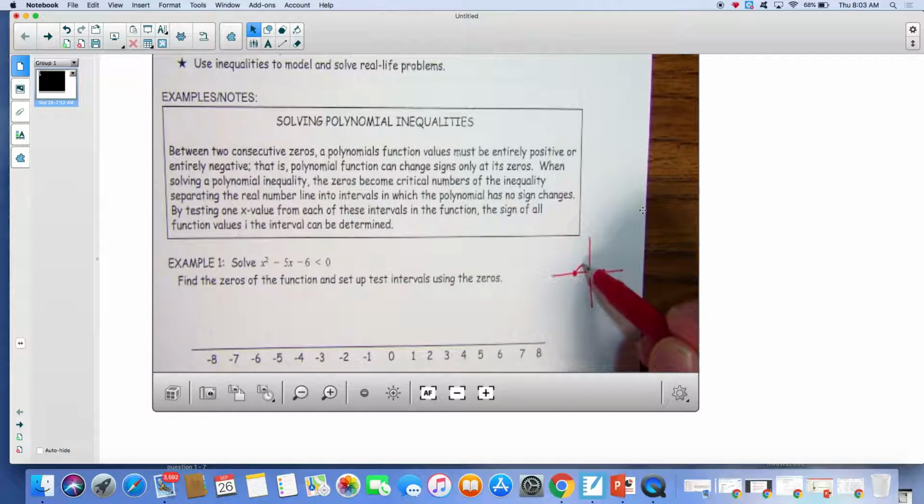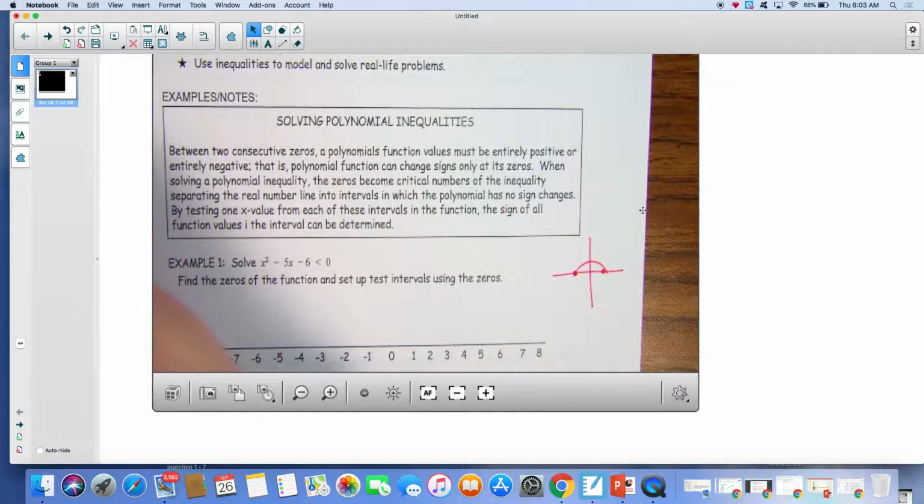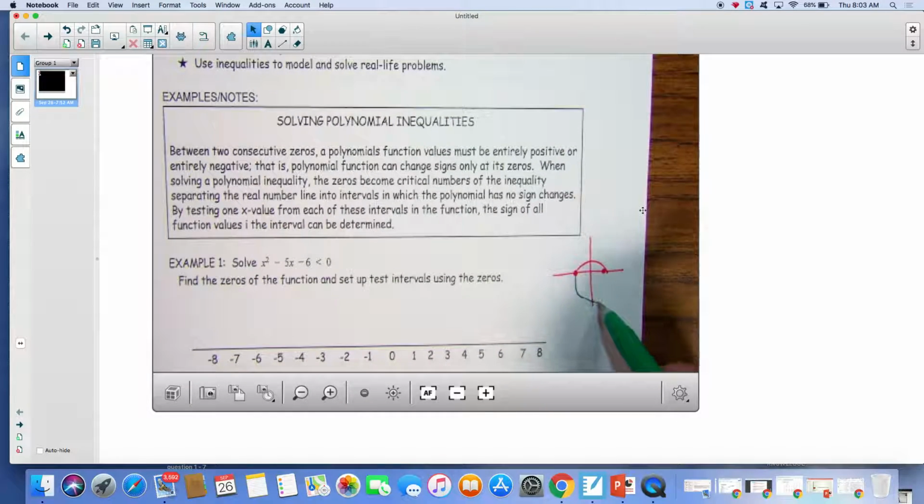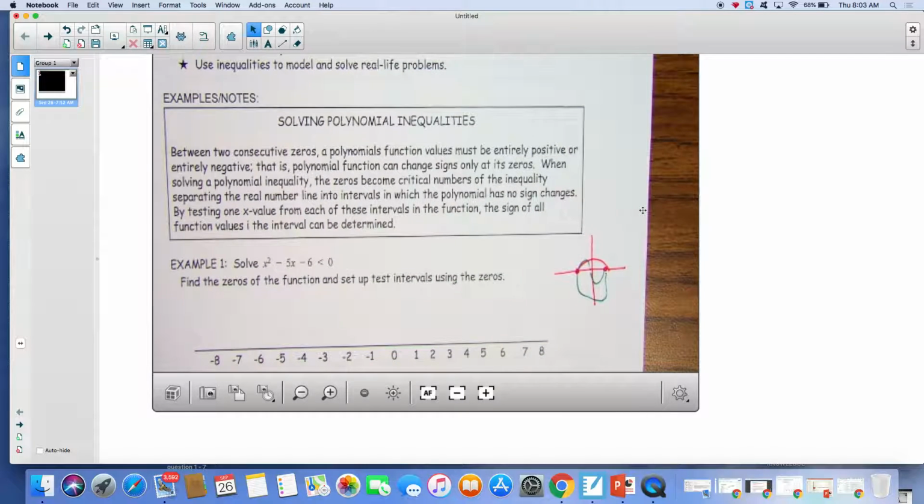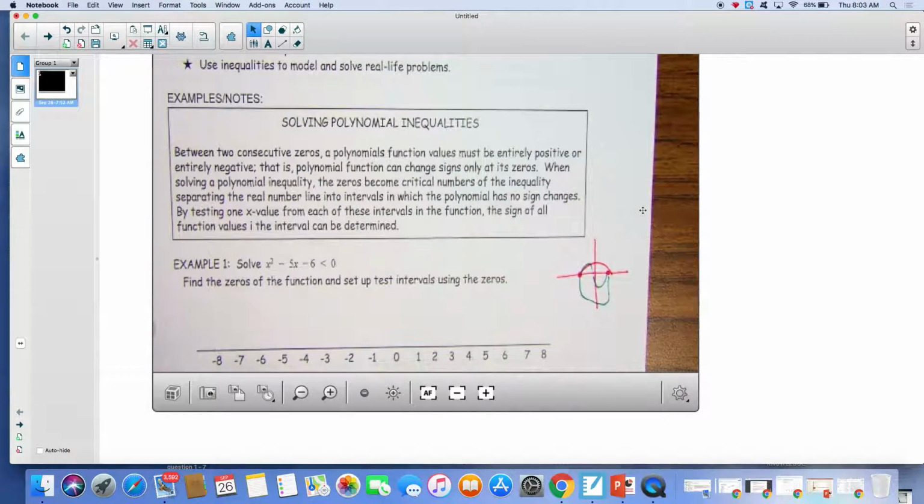I either connect them one way or the other. If part of it was positive and part negative, we'd get another zero there. So between two consecutive zeros, the polynomial function has to be entirely positive or entirely negative. Polynomial functions can change signs only at their zeros.